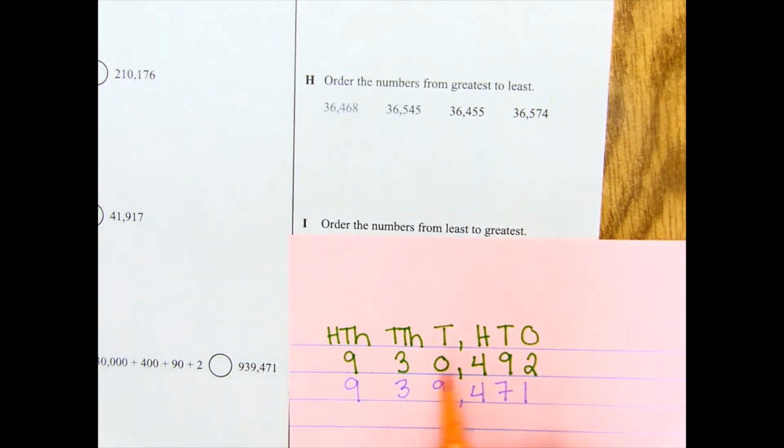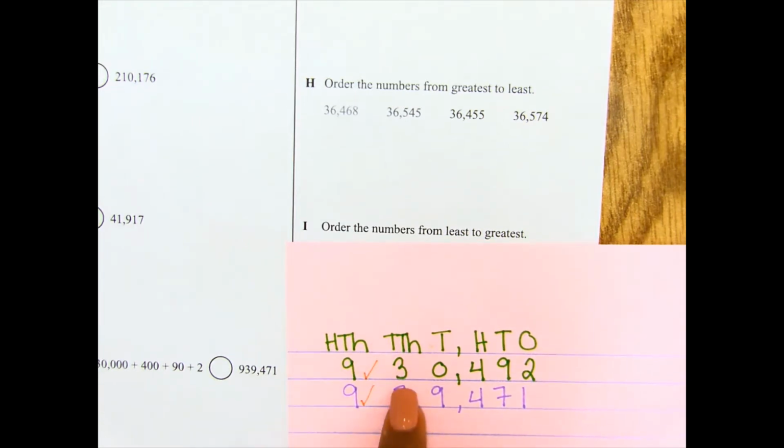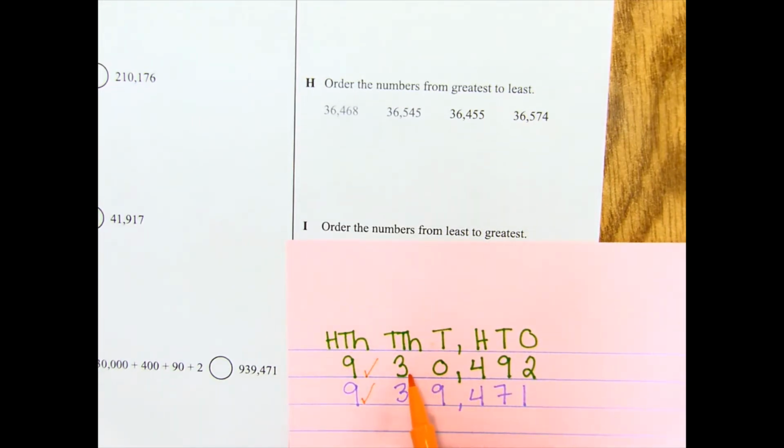I'm going to look. I have a 9 and then I have a 9. Are they equal? Yes, they are the same. So I put a check mark there. Now I'm going to look at my 10,000s place. Since they were equal here, I have to move on to the next one. 3 and 3, are these equal? Yes. So again, I'm going to check it because they are equal. Now to my thousands place. A 0 and a 9. Are these equal?